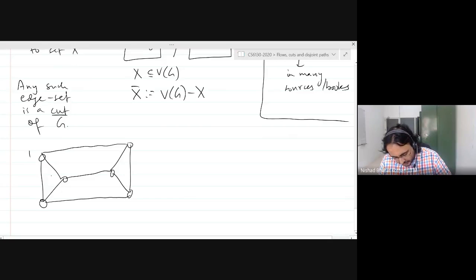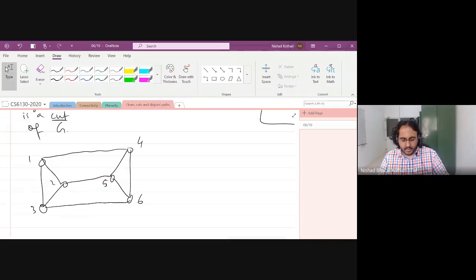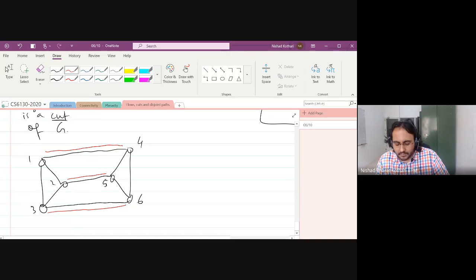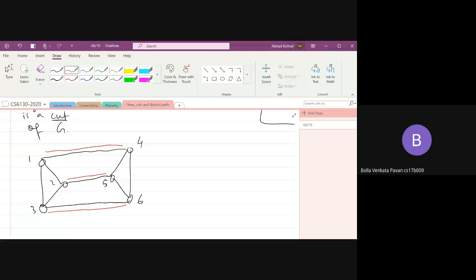Supposing this is my graph G, is this a cut of the graph? Yes, sir. Okay, and what is the X? 1, 2, 3. Right.